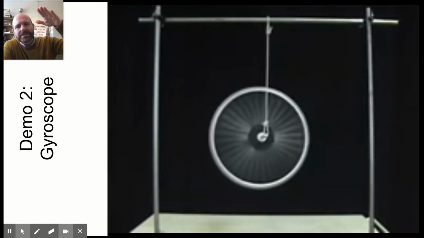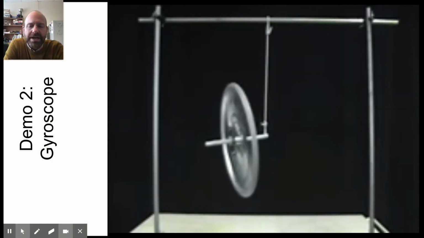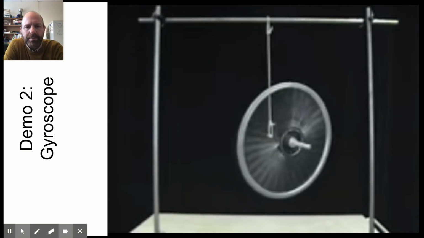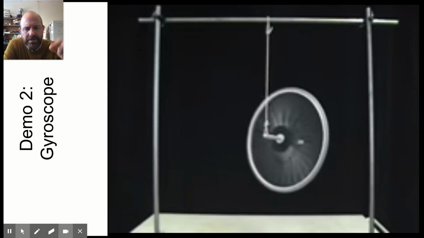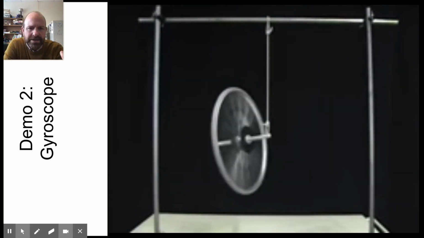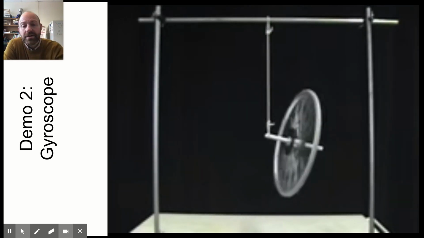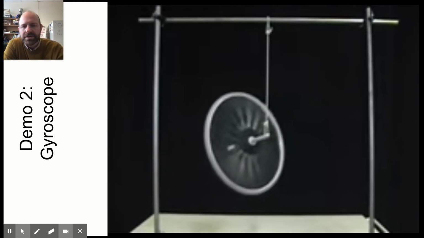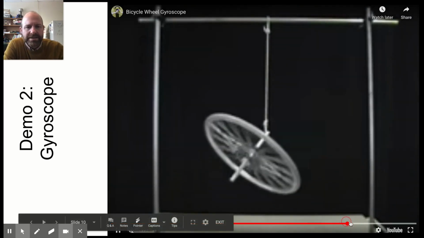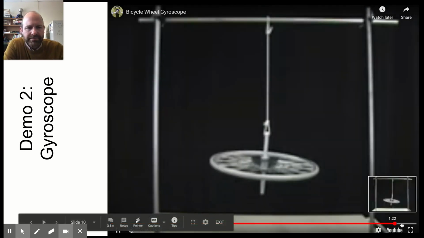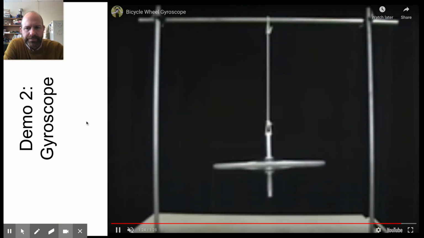That's because as gravity tries to straighten that out, it's changing the angular momentum of the spinning wheel. And so the whole system is going to rotate to try to conserve angular momentum as it goes. Now, obviously, there are non-conservative forces here, and everything will eventually slow down as it loses its energy, but that is the basic idea.